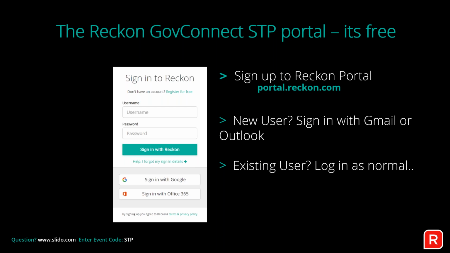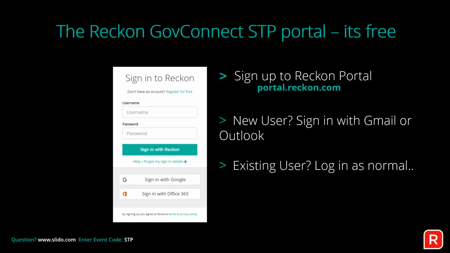If you're a new user, there are a few ways you can sign up to the Reckon portal. We have what we call the single sign-on process, and how that works is you can sign in with Google, so if you use a Gmail account, or you can sign in with Office 365. So if you're using Outlook or Microsoft, you can use either account.